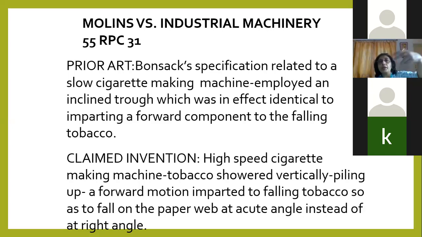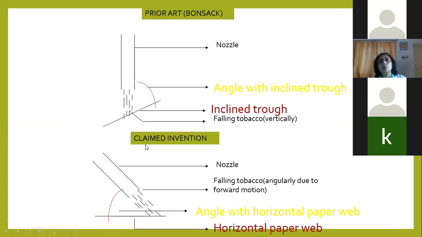And what did the prior art teach? The prior art was for a slow cigarette-making machine, but they had the trough which was inclined. This was straight and the trough was inclined. So if we just see pictorially, here in the prior art the nozzle was straight, but the trough on which it was falling was inclined.